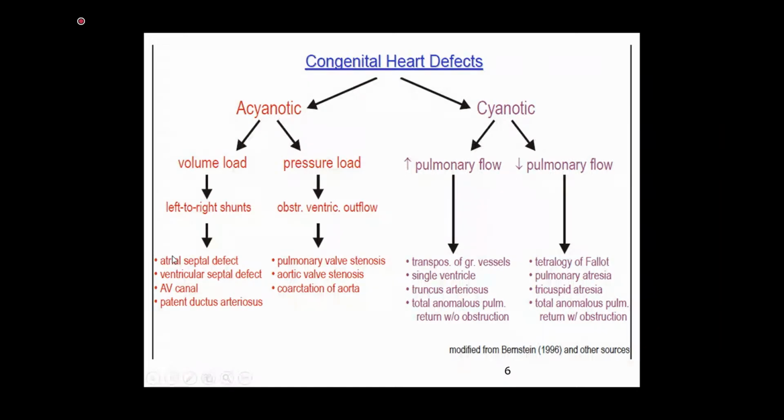So into the right atrium or into the right ventricle or into the pulmonary artery. Things that can cause that is usually atrial septal defect, ventricular septal defect, or AV canal defects, or a patent ductus arteriosus. That's one way of causing problems for volume without cyanosis.